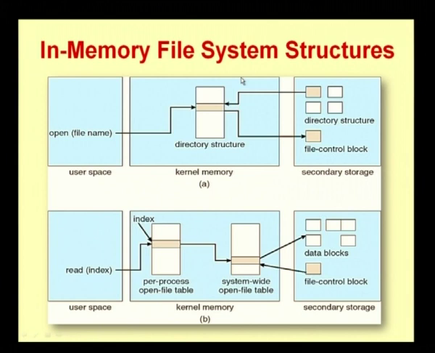Whereas a formatted partition is, as I said in one of our earlier lectures about a hard disk: if you have 500 GB of space, and you allocate 250 GB for the C drive, 100 GB for the D drive, and 100 GB for the E drive, then you have sliced your disk in such a way that every drive acts as a mini disk. That is called slicing, that is called partitioning.